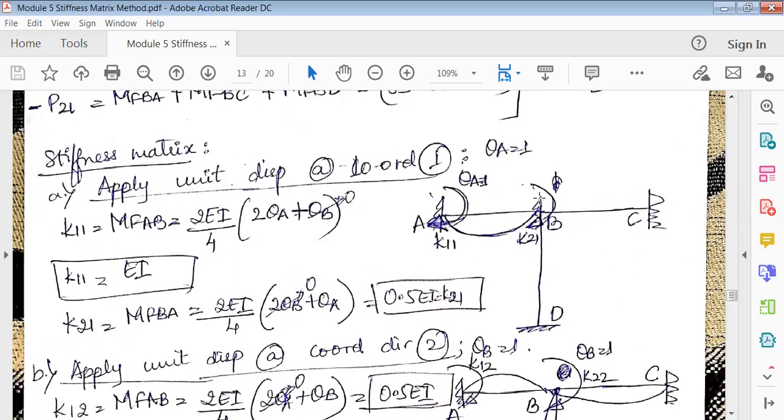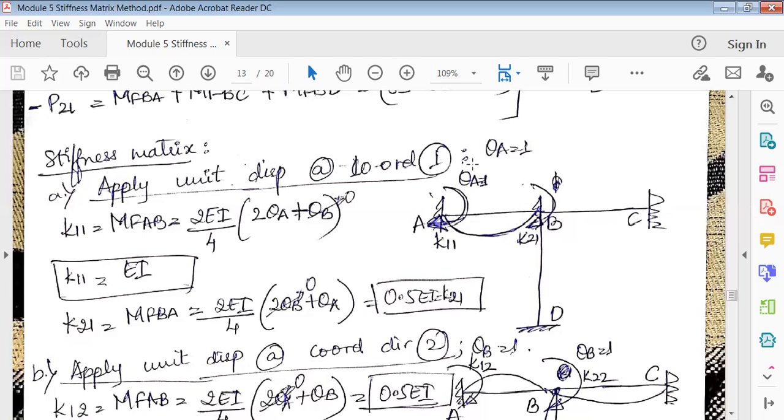Now when you apply this load, there are two displacements getting created. Here also there is a displacement K1, K2 in this span of the beam AB. So first I'll write K1, this is K2, because they represent the coordinate directions. K1 represents coordinate direction 1, K2 represents coordinate direction 2.